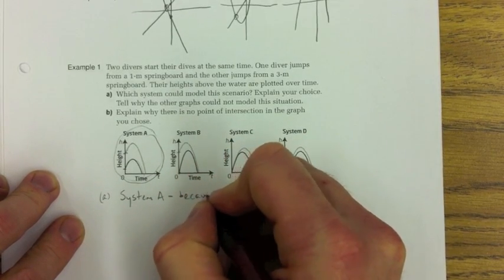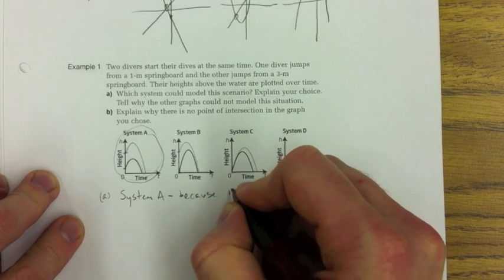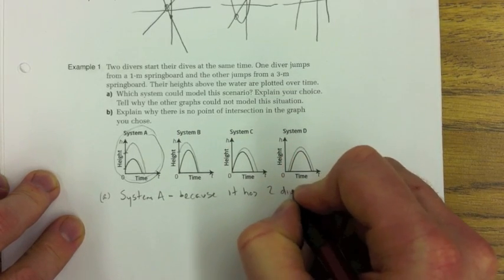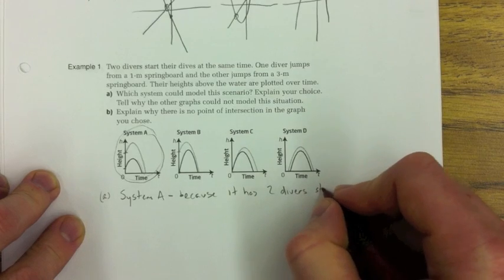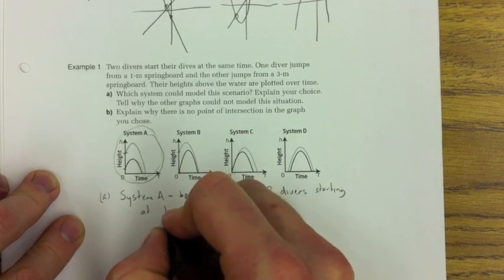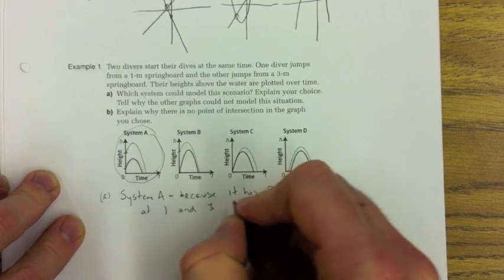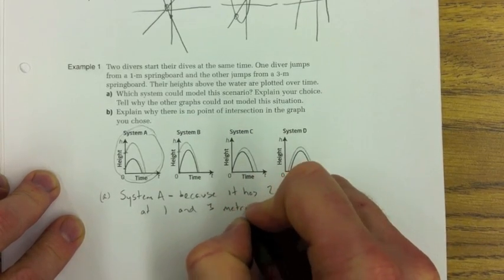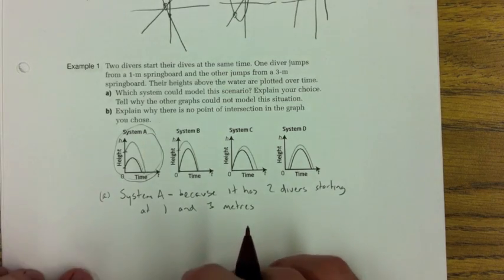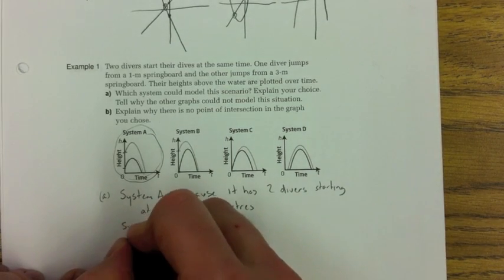I chose system A because it has two divers starting at 1 and 3 meters. Right? Why the other graphs could not model the system? Let's see.